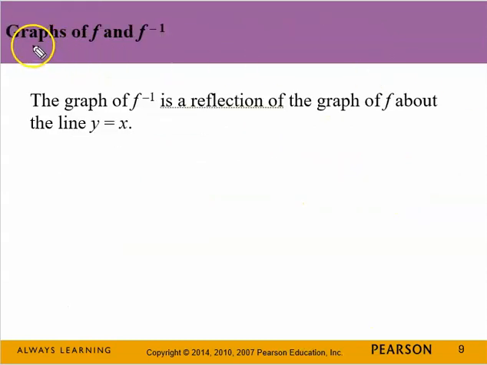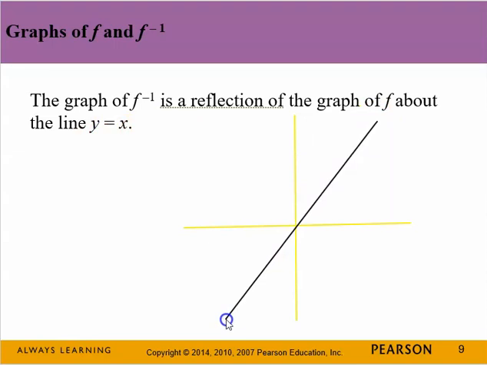Now we want to look at the graph of the inverse as a reflection of a graph about the line y equals x. Now to make that graph, let me just do that quickly here. And I'll change colors here. The graph of y equals x goes right through the center and looks more or less like that.